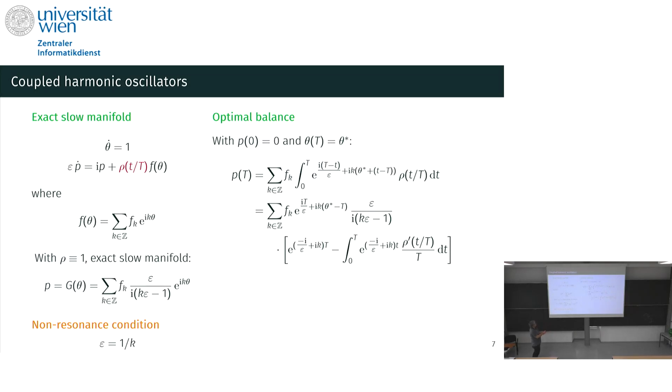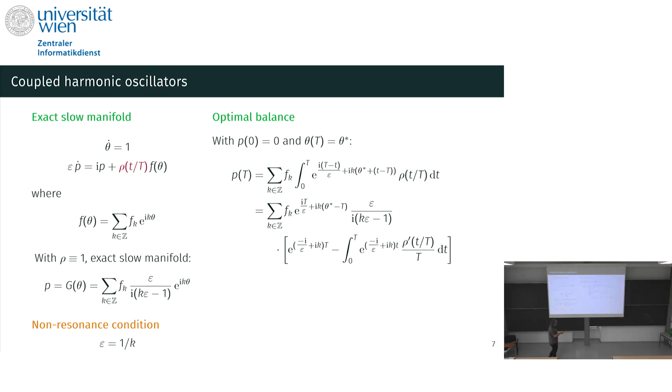And if you look carefully and combine terms, then this first term, including this boundary term from the integration by parts, will simplify to the exact slow manifold. But then there's some garbage, and we have to show that the garbage is actually small because it's not zero.